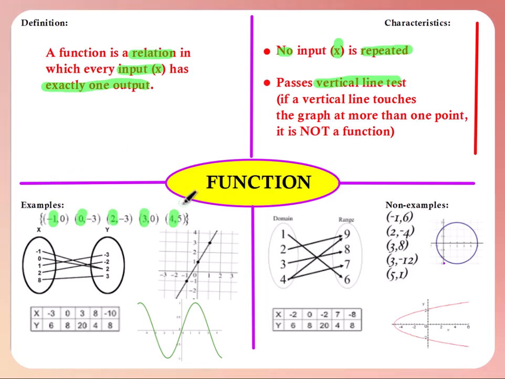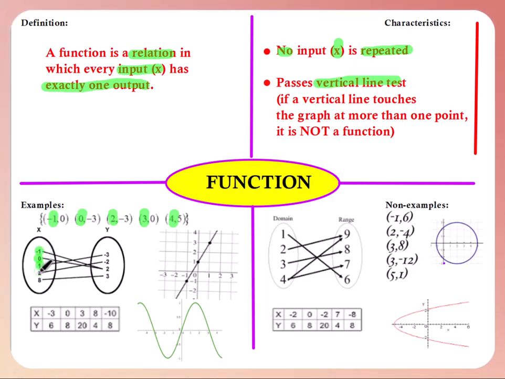No. So here's a function with this set of 5 points. Now let's look at a mapping of these points, -1, 0, 1, 2, and 8. Again, I'm looking at the x, and none of these repeat. Now we can repeat the y's, but the x's cannot be repeated. So this is a function.